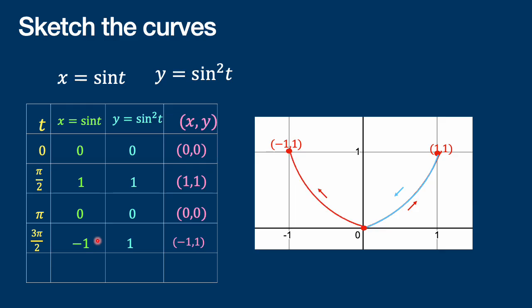Guys, make sense? Now t equals 2 pi: sine is 0, sine squared is 0, going back to the origin. Then the same thing over again. So from (0, 0) go to (1, 1), go back to (0, 0), go to (-1, 1), come back down to (0, 0). That movement keeps repeating based on this parametric equation.